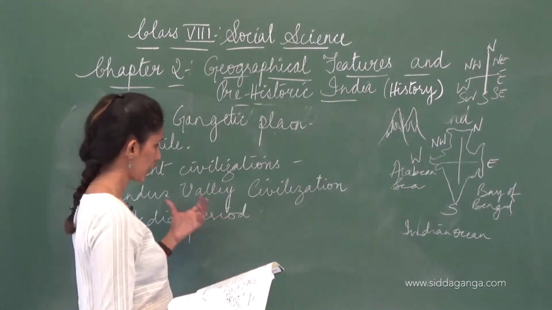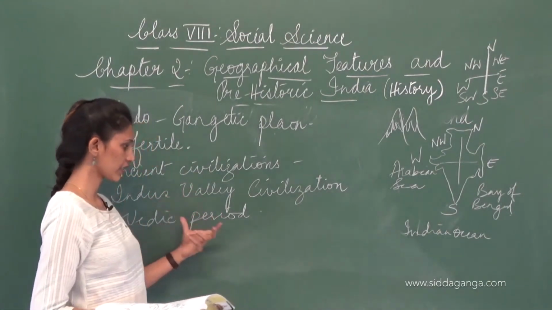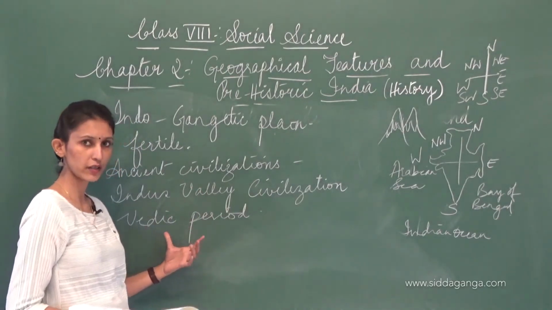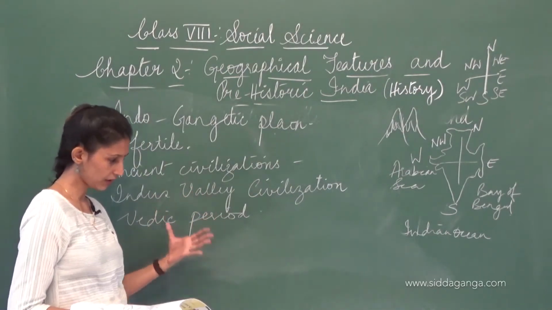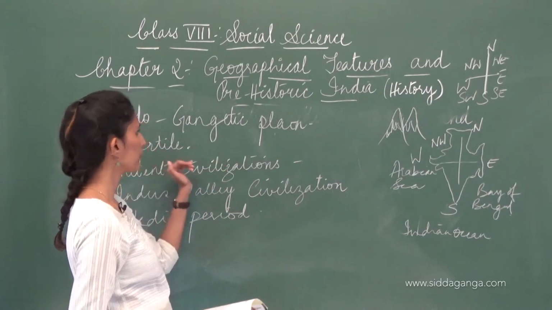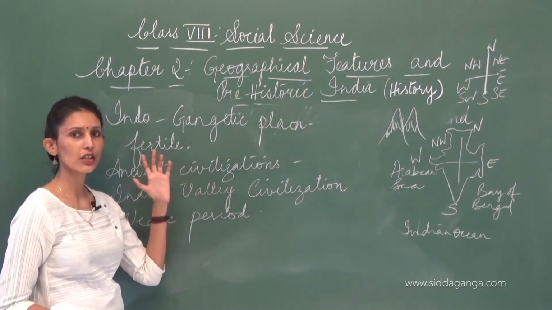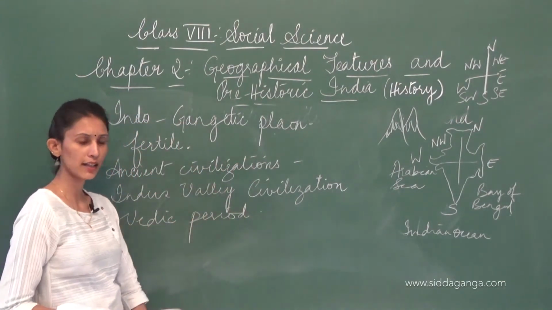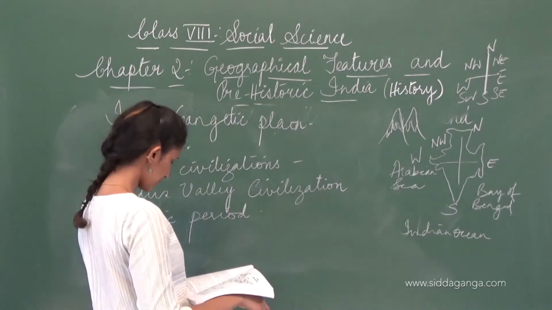The ancient Indus Valley civilization and the civilizations of the Vedic period have happened during this time, and they have flourished in the Indo-Gangetic plain.